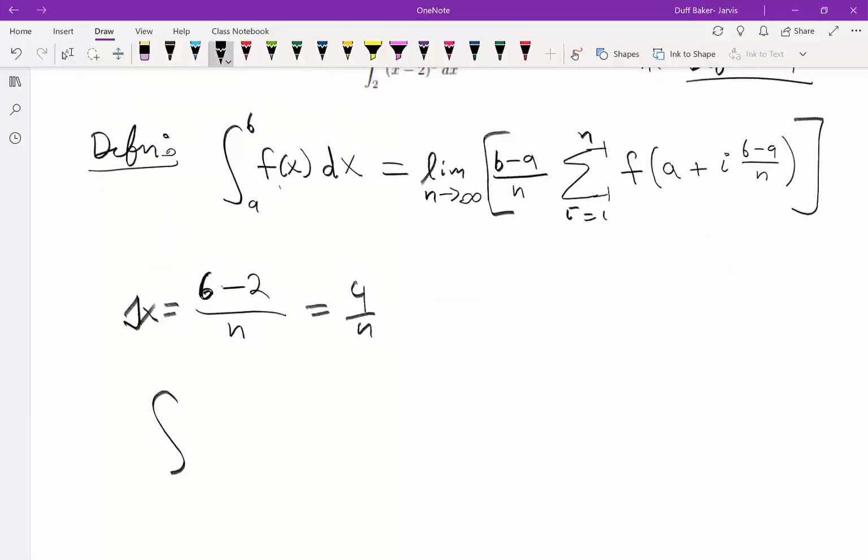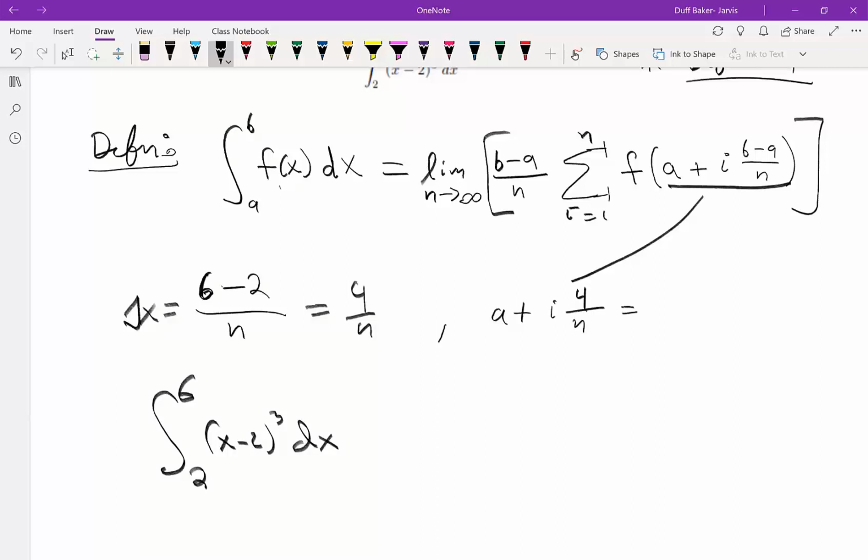So the integral from 2 to 6 of x minus 2 cubed, and maybe it's worth figuring out this part here. So b minus a over n was this, and a was 2. Okay, so the first thing we do is we write the limit.